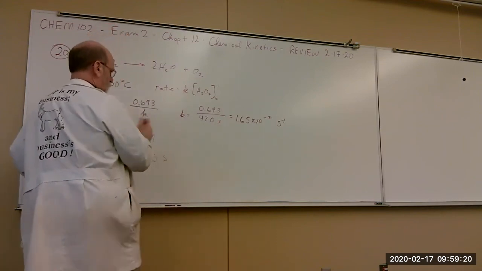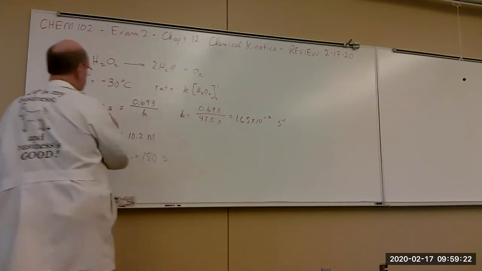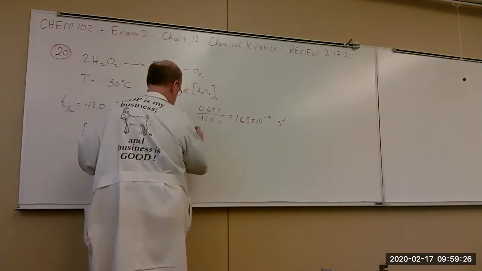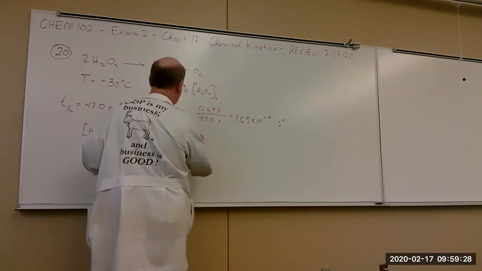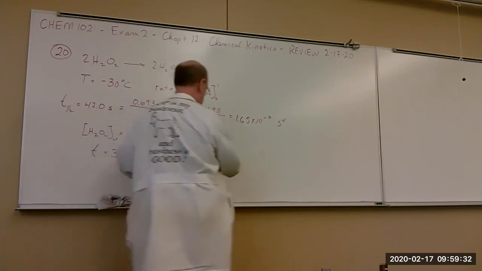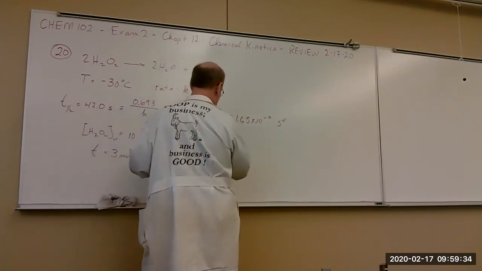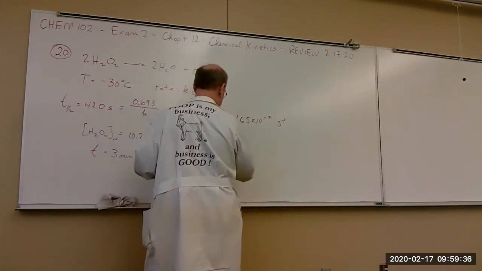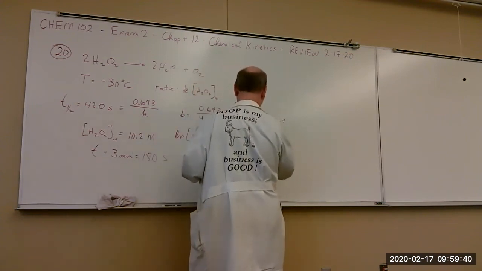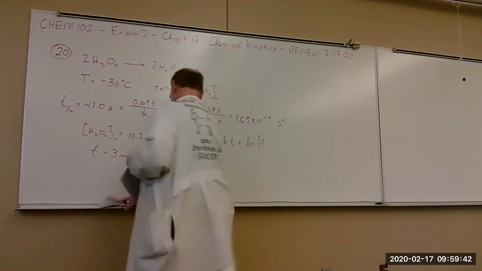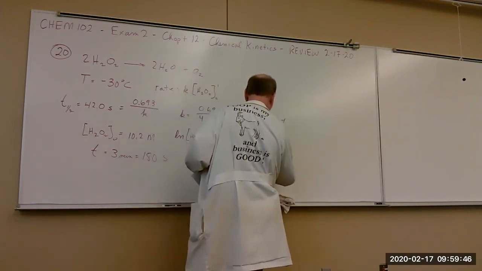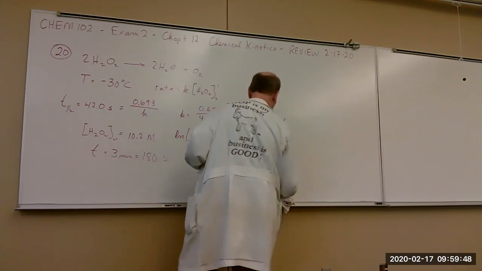So what we need is first order, right? The natural log of [H2O2] equals minus kt plus the natural log of the initial concentration. There we go.